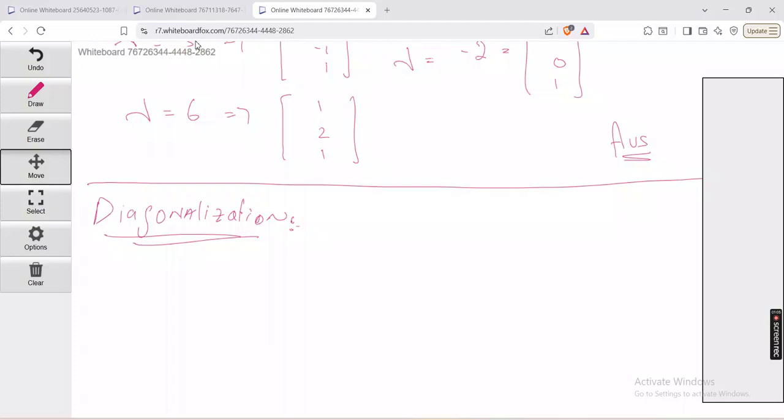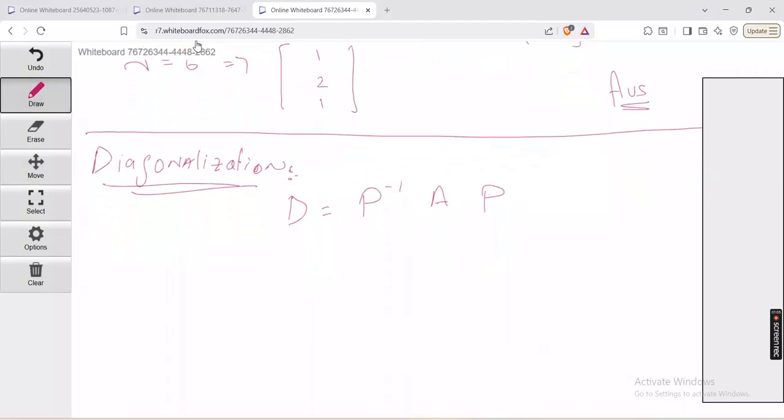For diagonalization, there is one formula in the book, which is D equals P inverse A P. You have to prove this. D is the diagonal matrix you will find. P is made from your eigenvectors for lambda 1, lambda 2, and lambda 3. And A is the matrix given in the question.